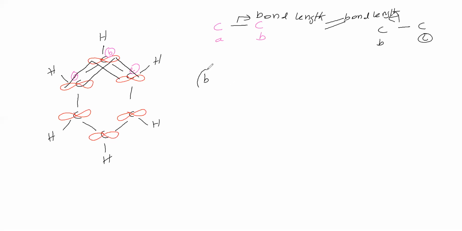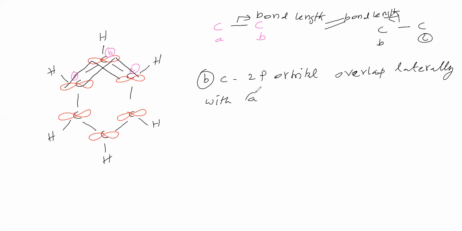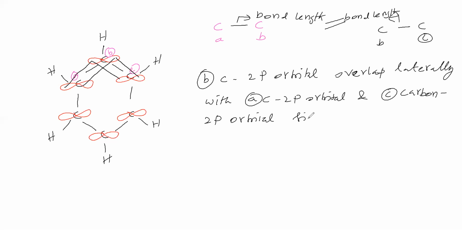Therefore, the B carbon 2p orbital overlaps laterally with the A carbon 2p orbital and the C carbon 2p orbital simultaneously and to the same extent.